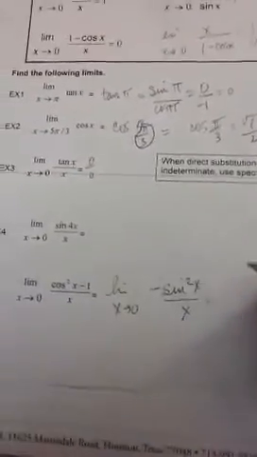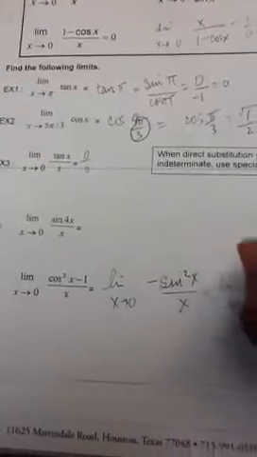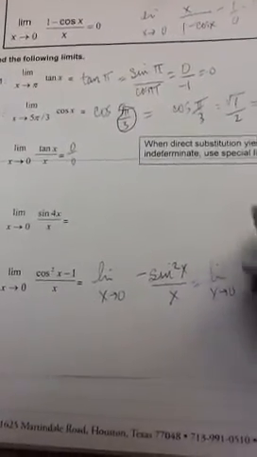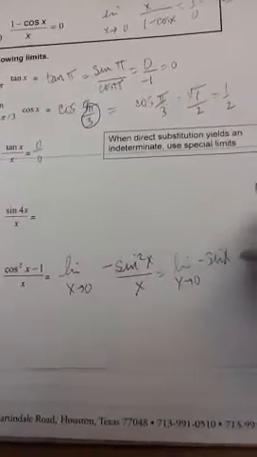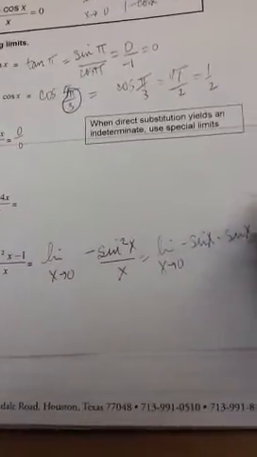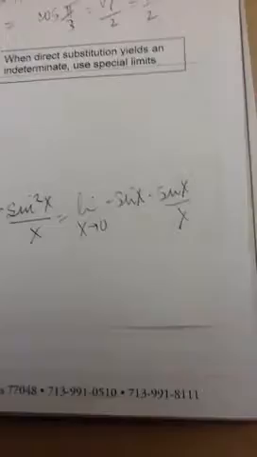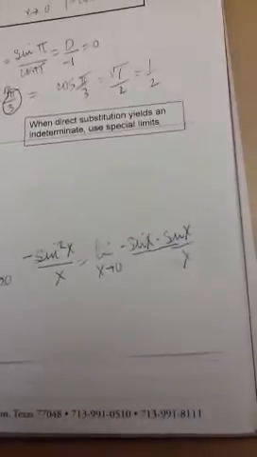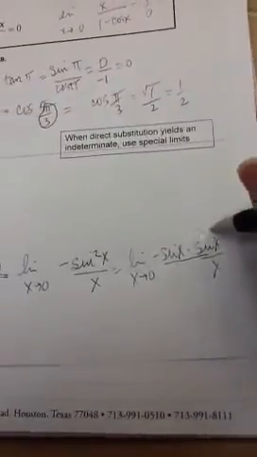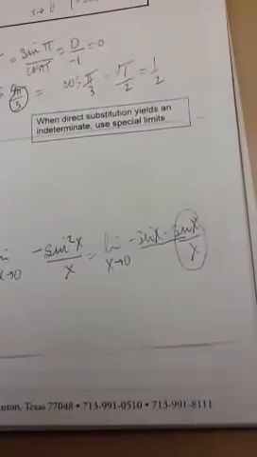Because I'm squaring that, right? So that's the limit as x approaches 0 of negative sine x times sine x over x. Look at that. Well, let me not teach y'all like that. We'll put the whole thing over. But I know that I could group those two together.